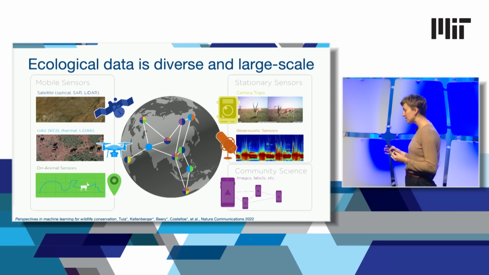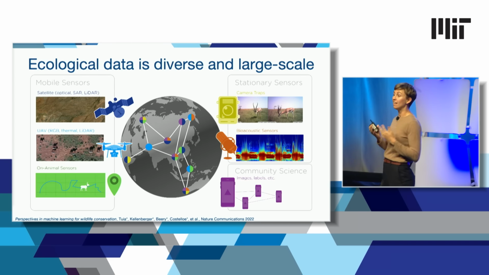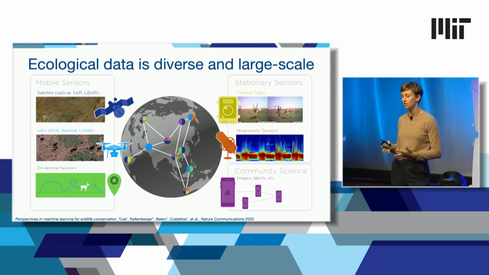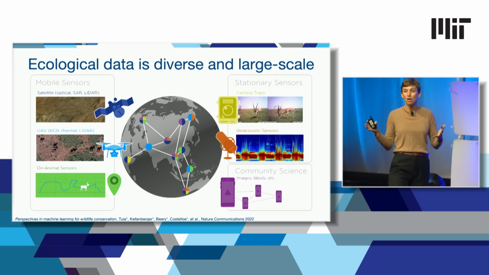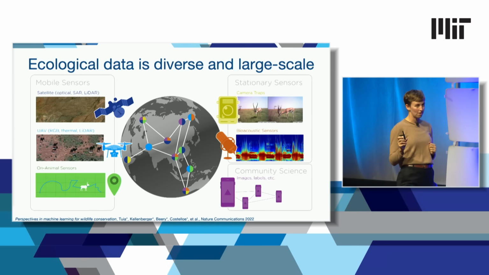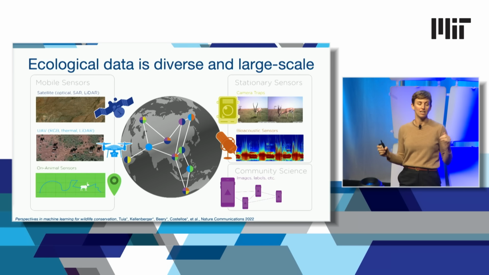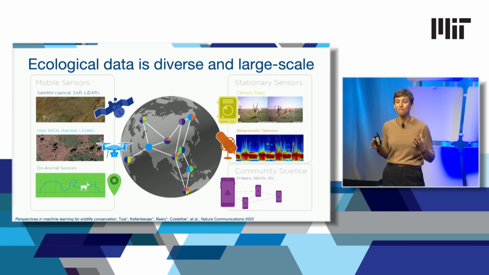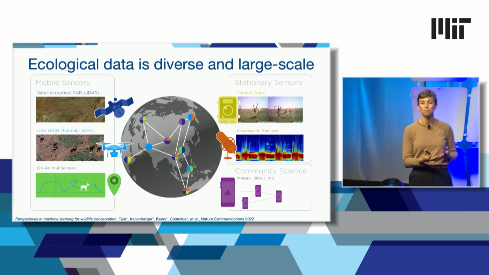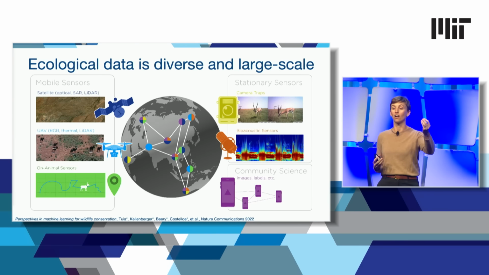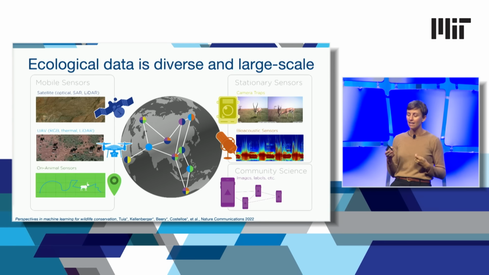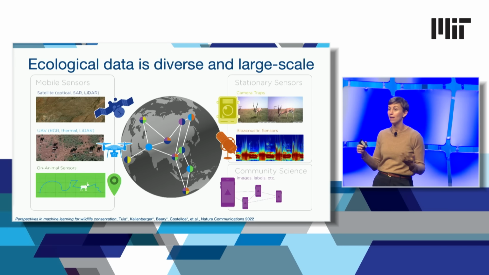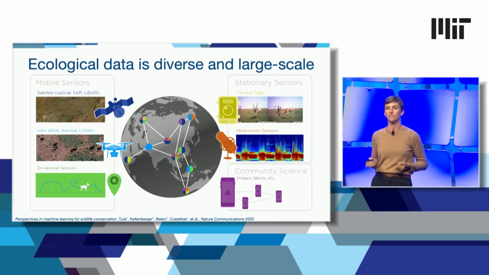Now, this is a very ambitious goal, and I am not the only one who has this goal. And in recent decades, advances in hardware and sensor technology help us capture much, much more data than we'd ever seen before across many, many different types of data, everything from satellite images to cameras on the ground, bioacoustic sensors, environmental DNA, where we can collect evidence of species even if they no longer actually are there in the environment, and increasingly things like community science, so organizations like iNaturalist that help any of you, any passionate volunteer, contribute species data to our scientific understanding.